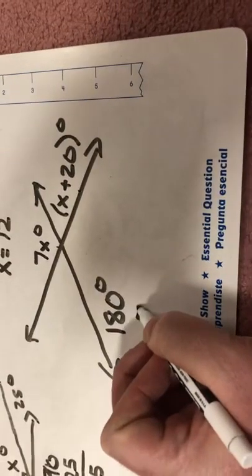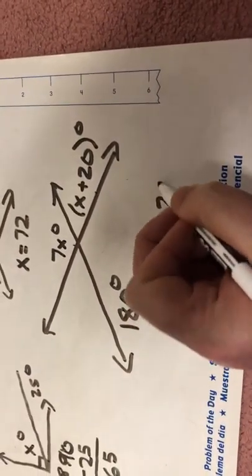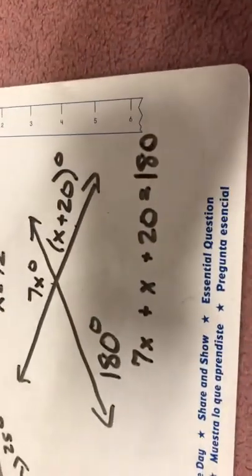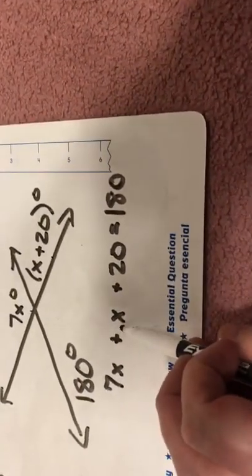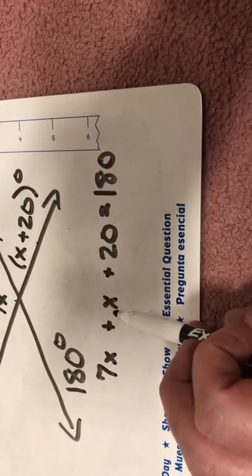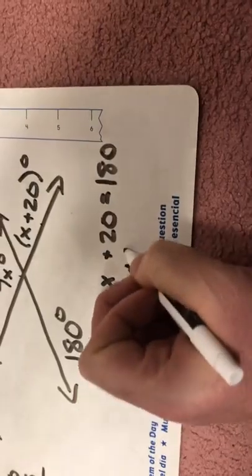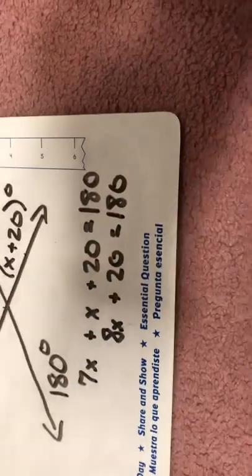I should say 7x plus x plus 20 all equals 180. So I combine what I know. There's no number in front of a variable, so that's a 1. So it's like 7x plus 1x, which gives me 8x plus 20 equals 180.